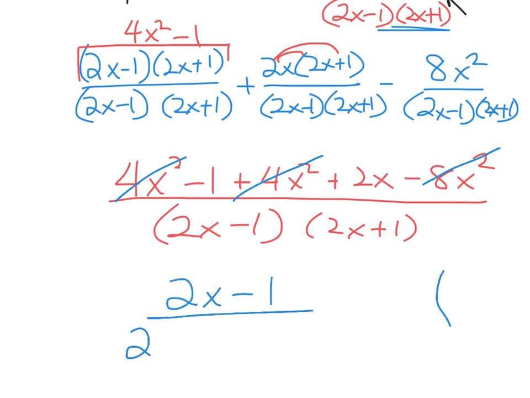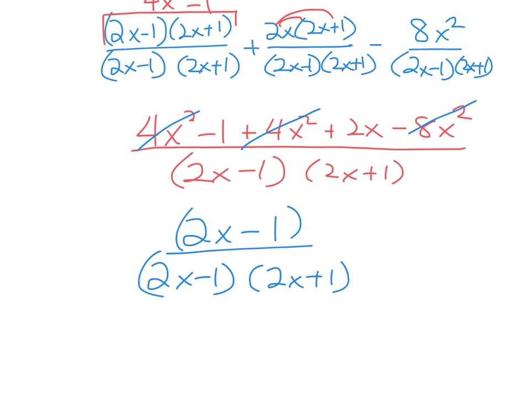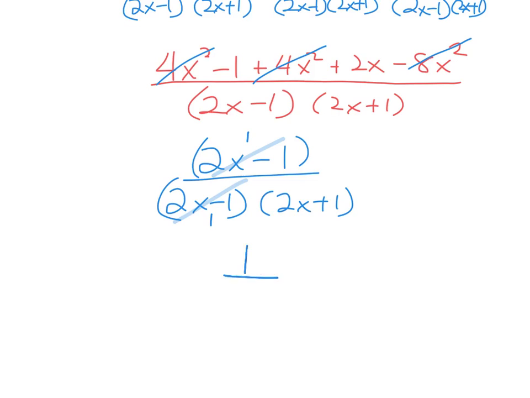And then in the bottom, remember, we have 2x minus 1, 2x plus 1. I can simplify this, and I can cancel out the 2x minus 1's. Now, remember, when you're canceling, a 1 is left behind. So the simplified answer here is 1 over 2x plus 1.